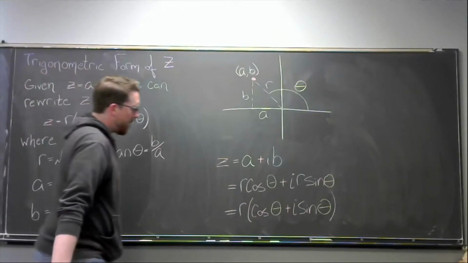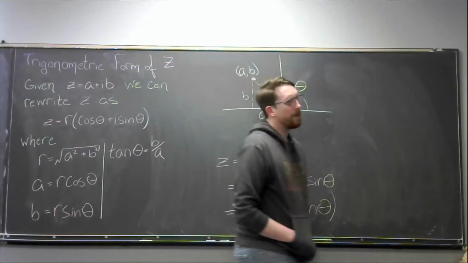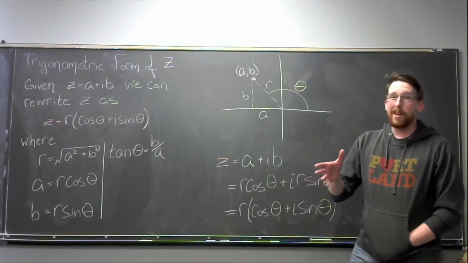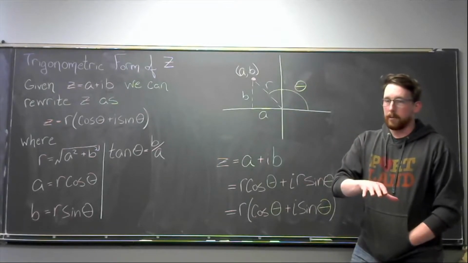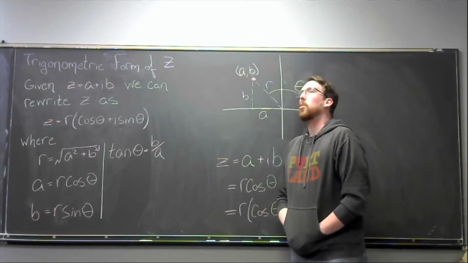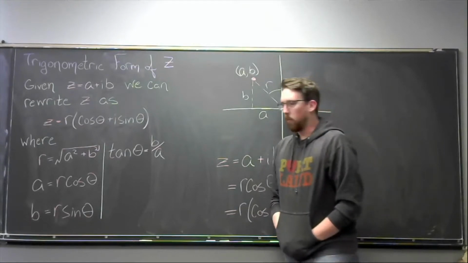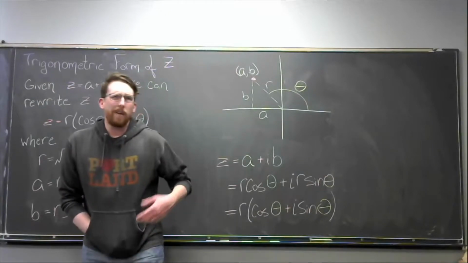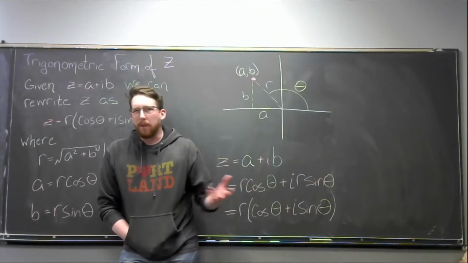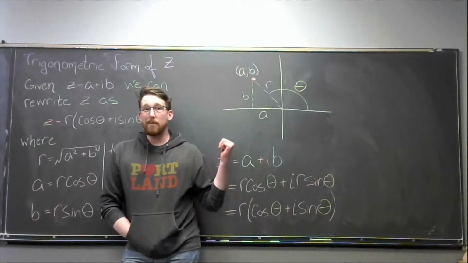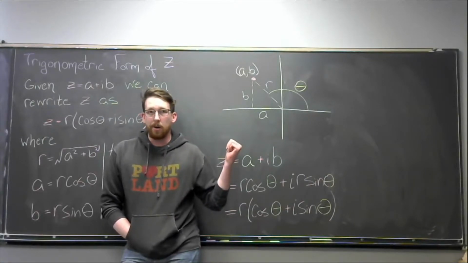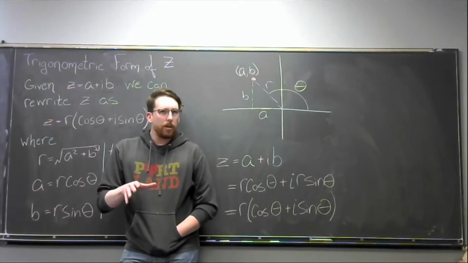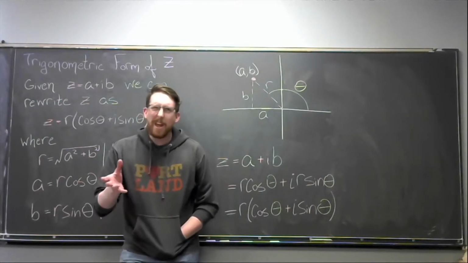All right, now I just said that we can think of complex numbers kind of like vectors, but they're not vectors. What do I mean? Well, let's think about vectors for a second. Vectors were these things that we couldn't multiply or divide. Complex numbers, we can multiply and divide. So they don't have all the same properties, but they behave a lot alike.